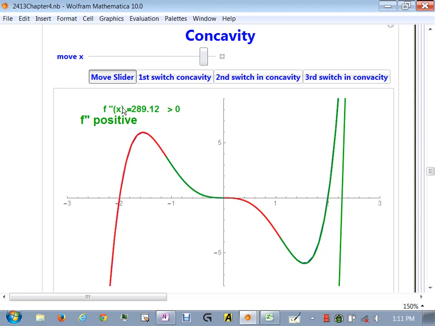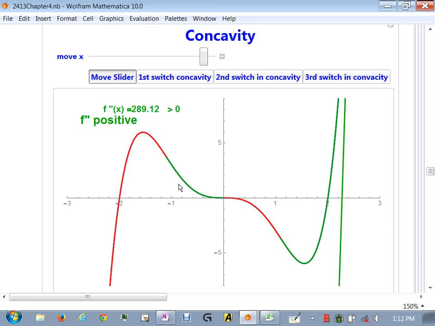So I hope you can see this, the red. Can you all see the red, then the green, then the red, then the green? Okay, the red part of this is where my graph is concave down, because all the tangent lines are above it. The green part is where my graph is concave up. It looks like this, right? But only maybe one side of it.